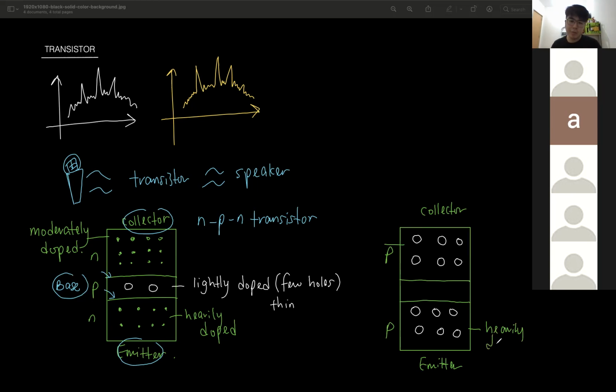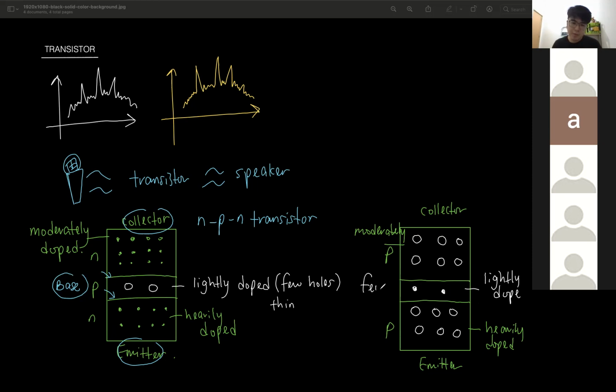So this is heavily doped and this is moderately doped. How about the middle? The middle, we also lightly dope it. Later I'll explain why we want to lightly dope it and why we want to make it so thin. Lightly doped means that it has only a few electrons, maybe 1, 2 electrons.